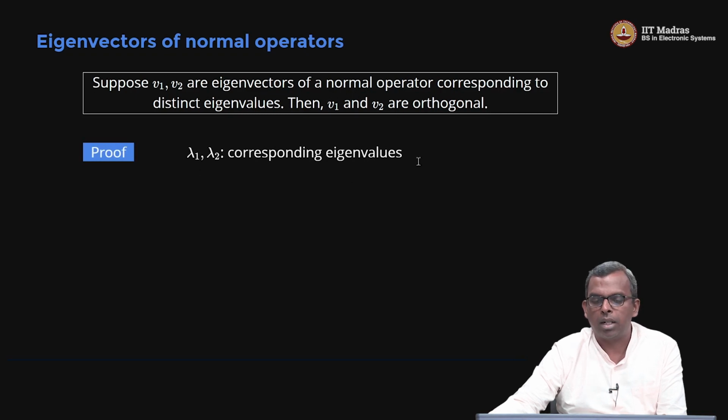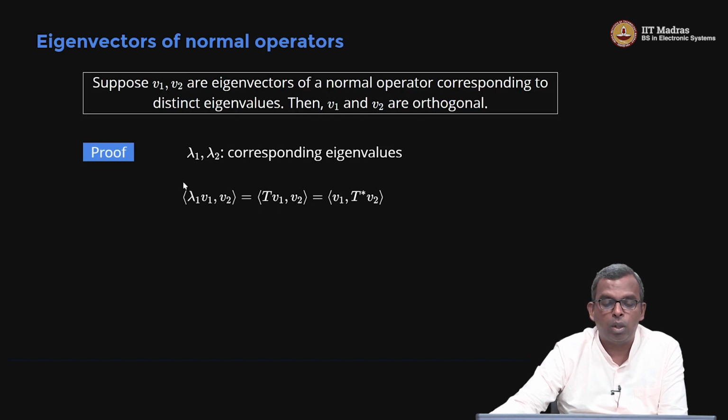Let lambda 1, lambda 2 be the corresponding eigenvalues of v1, v2. v1 has eigenvalue lambda 1, v2 has eigenvalue lambda 2, and lambda 1 and lambda 2 are not equal. That we know. So you start with this: inner product of T v1 with v2 is v1 with T star v2. This is just the definition of adjoint. On the left side you will get lambda 1 times the inner product of v1 and v2, because v1 is an eigenvector of T with eigenvalue lambda 1.